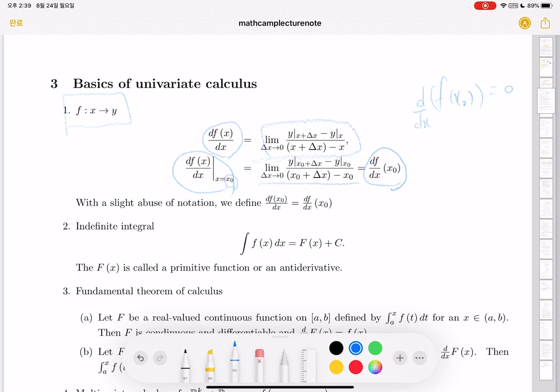So for the course, what this means is you do the derivative first and then plug the x naught value into the derivative. So you are going to evaluate the first order derivative at x naught. Okay.